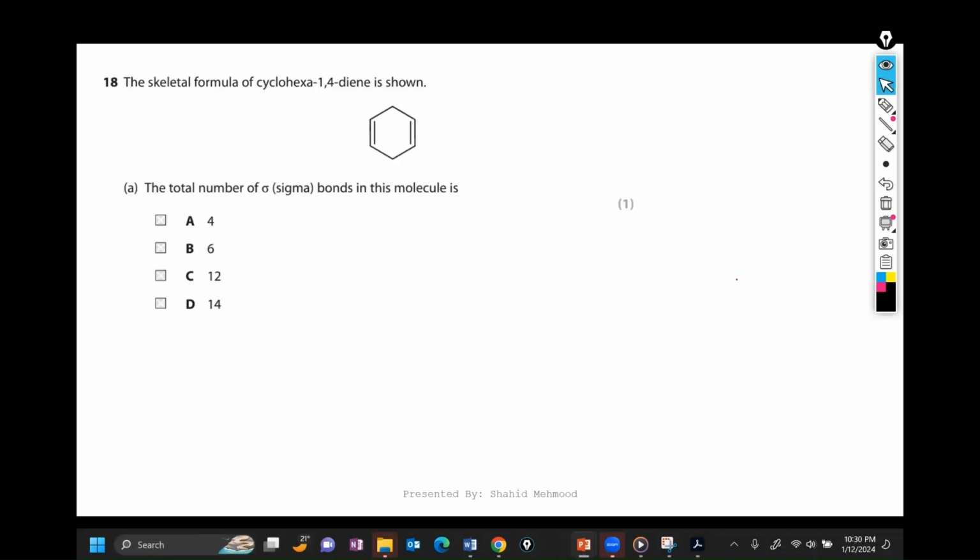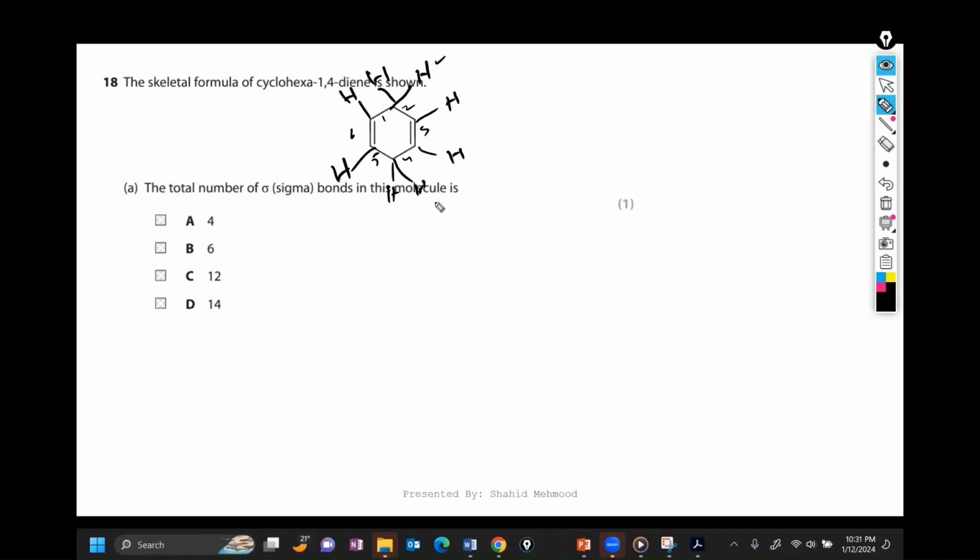The skeletal formula of cyclohexa-1,4-diene. In this molecule, all single bonds are sigma bonds, while every double bond contains 1 sigma and 1 pi. So in this cycle, see here, this is 1, this is 2, this is 3, this is 4, this is 5, and this is 6. But 6 is not enough because these points are carbon. So carbon makes 1 hydrogen here, 2 hydrogen here, 1 hydrogen here, and 6 hydrogen, sorry.